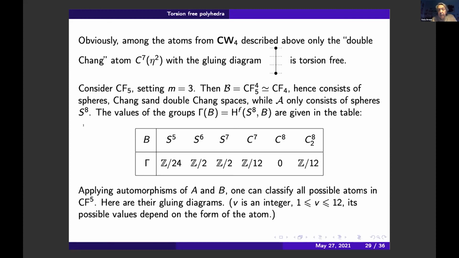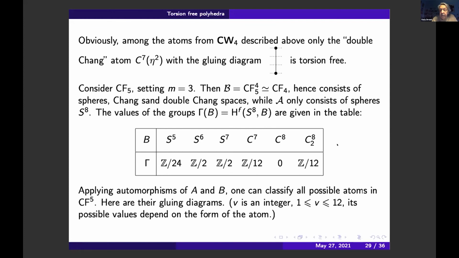And A will have only 1 level, so it consists of spheres. So B consists of spheres, chunk spaces, and double chunk space atoms. And we have these values for our bimodule. And applying automorphisms, one can classify all possible atoms.